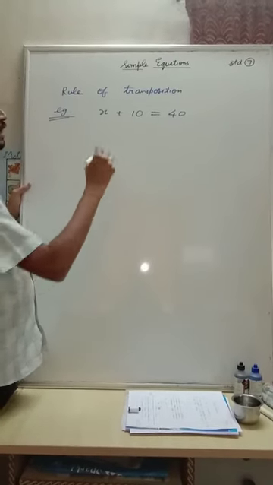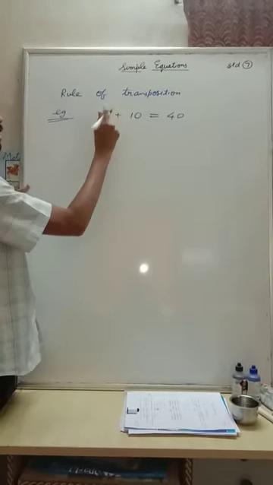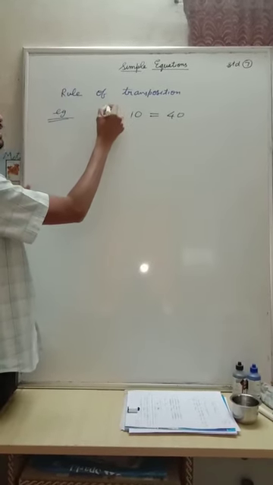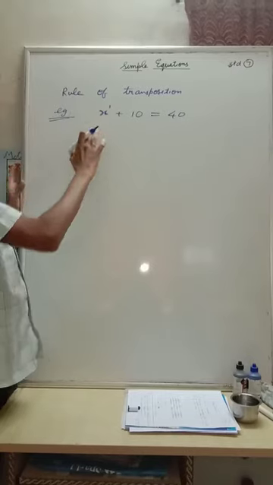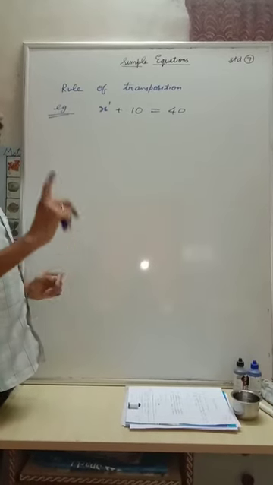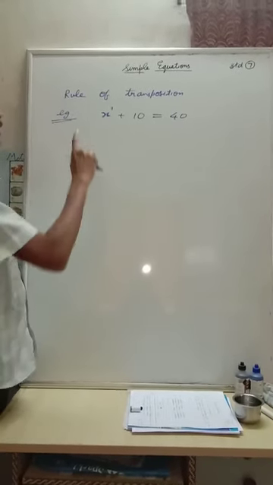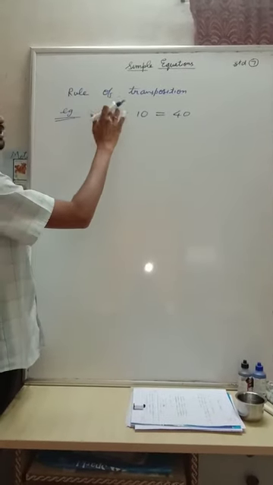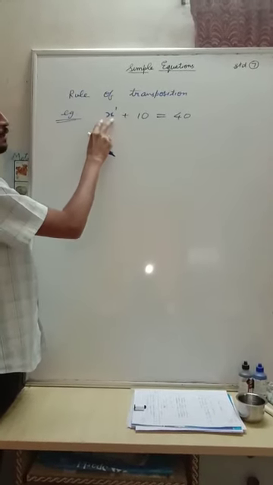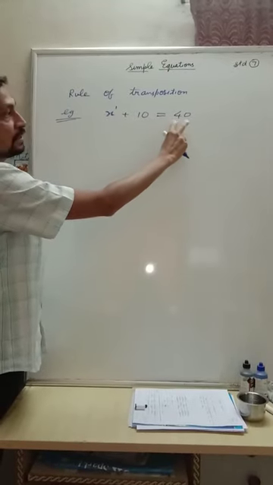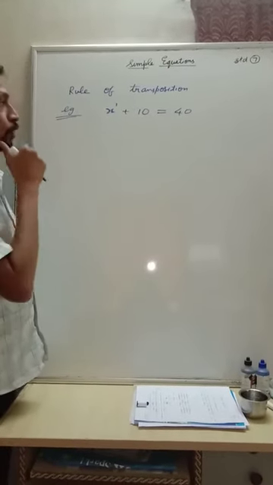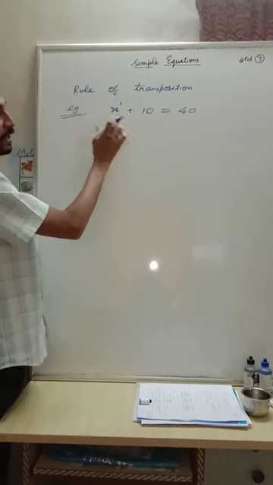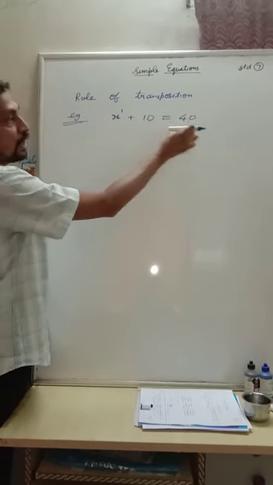Now why one variable? x is the variable and the highest power of this x is 1. So this is a linear equation with one variable. Now we are studying the rule of transposition. Say we have variable plus 10 is equal to 40. You can find the value of x by shifting this 10 to the other side.